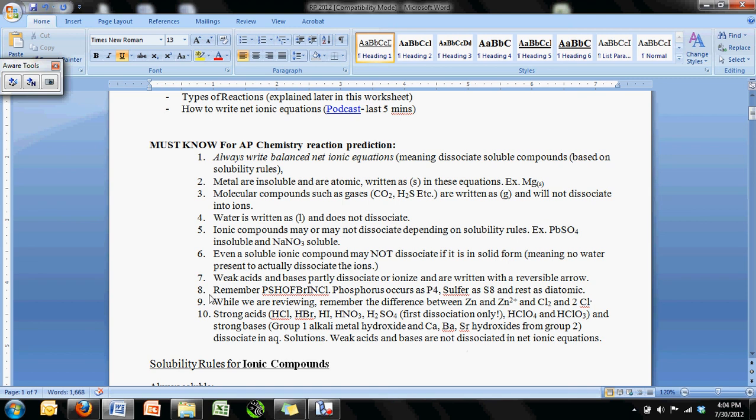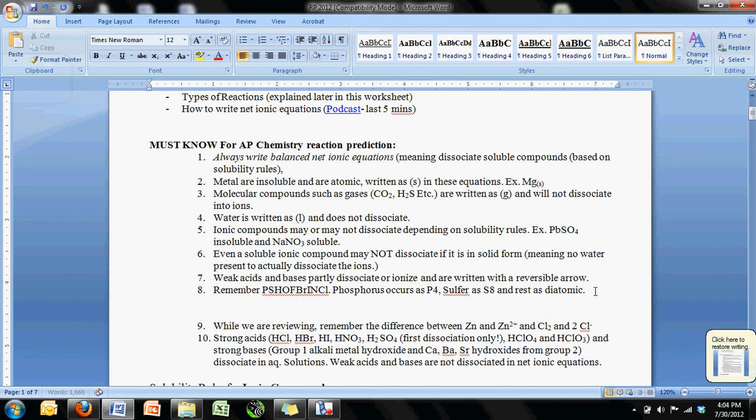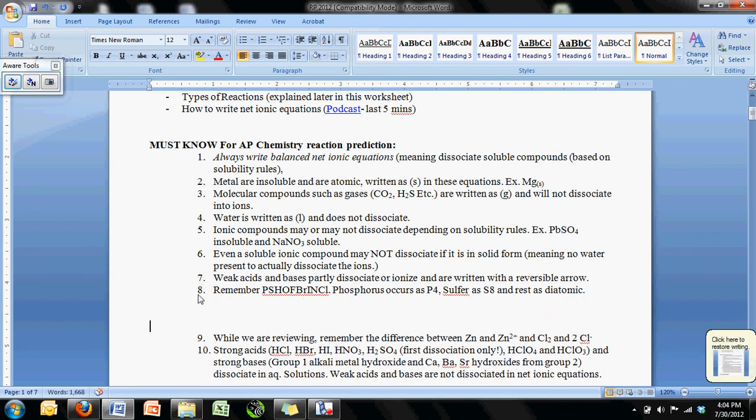Now going to this point, remember P.S. Hofbrinkel. These are the elements that don't exist as monoatomic. Phosphorus, P, exists as P4. Sulfur exists as S8.